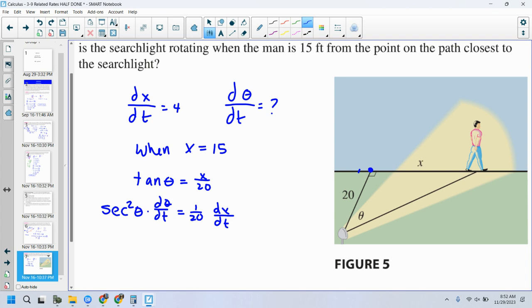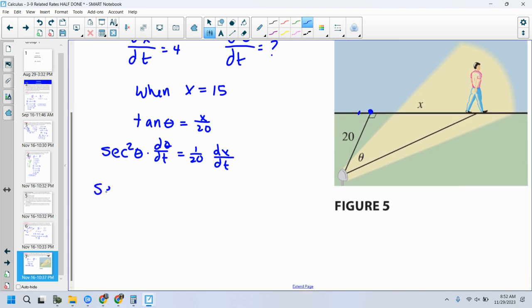Theta. We don't know what theta is. What is d theta dt? What we're looking for. We have a 1/20th times dx dt, which is 4. Can we figure out theta when x is 15?